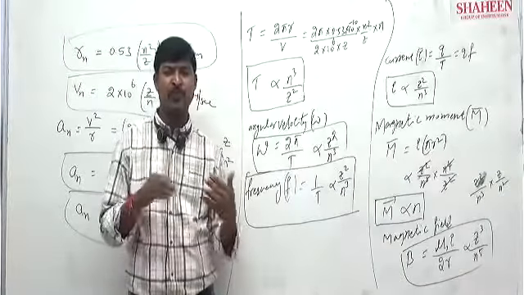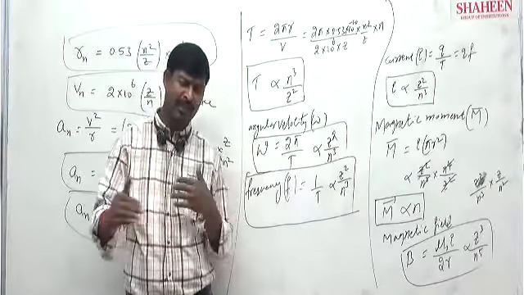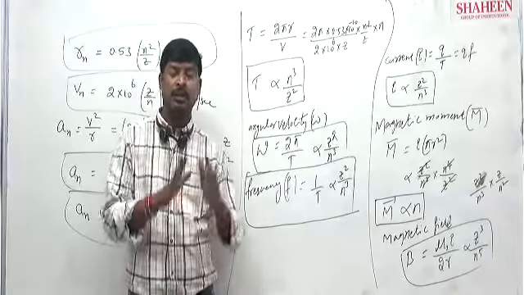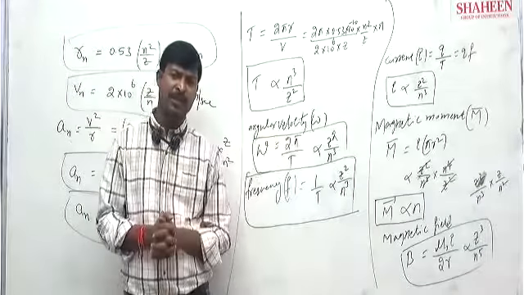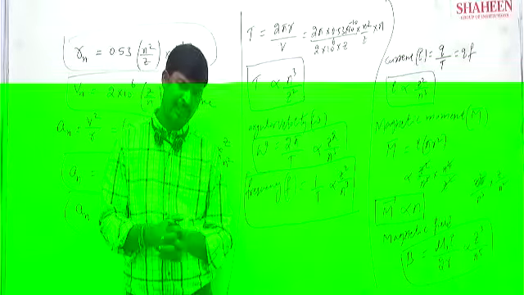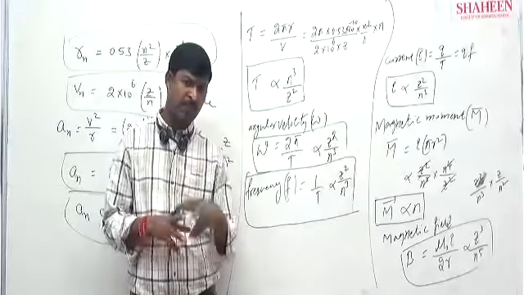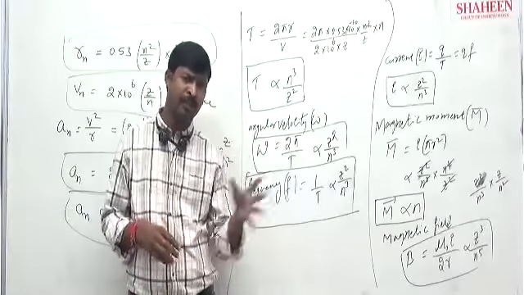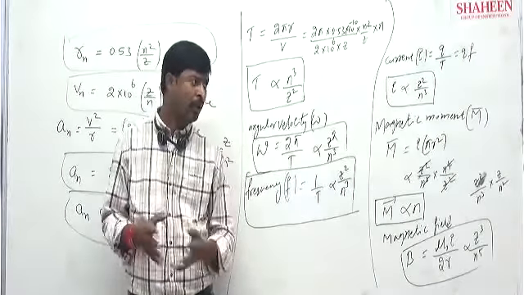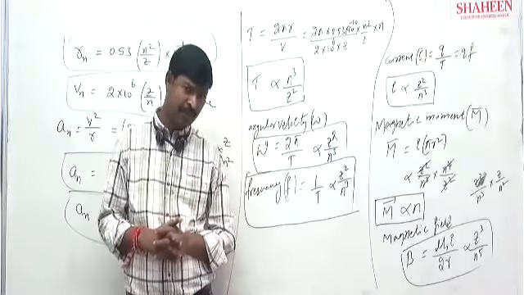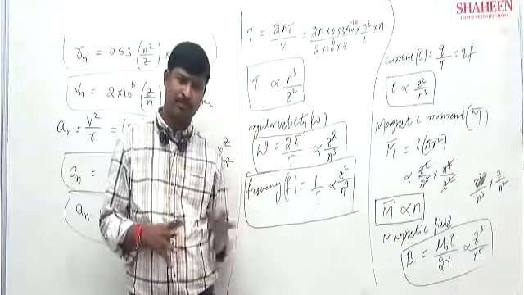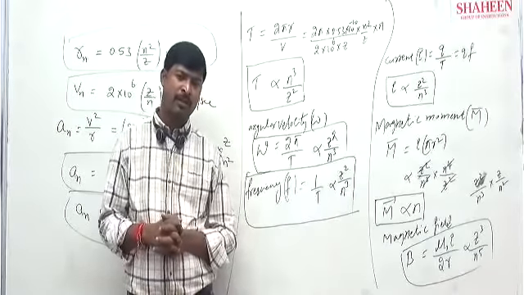When it jumps from a higher energy level to a lower energy level, it will release energy equal to the energy gap between the levels, E2 minus E1. So it will release a photon of frequency nu or wavelength lambda. Correct?